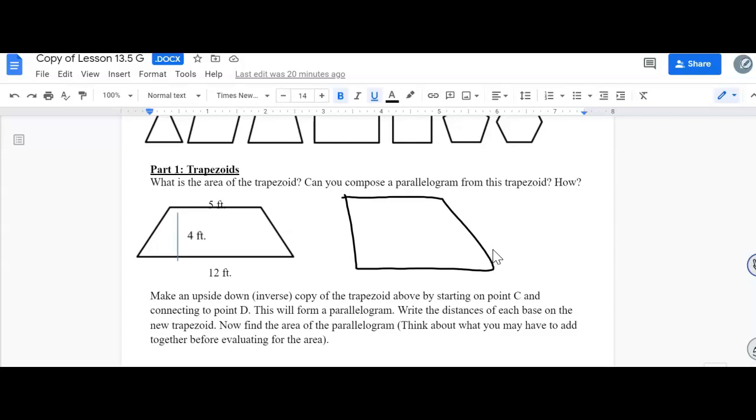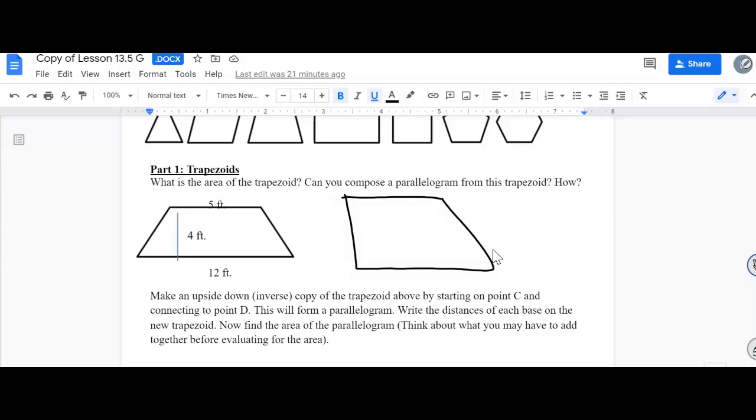What shape is this? Nick? It's a trapezoid. We have one set of parallel lines. These two eventually will cross up here.